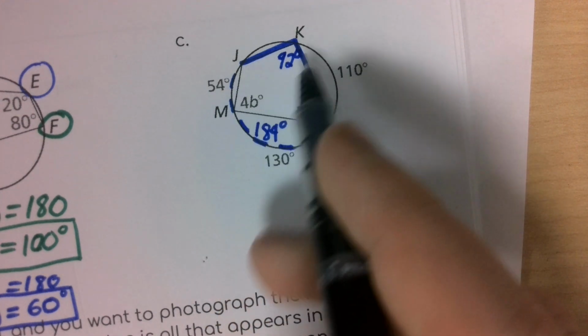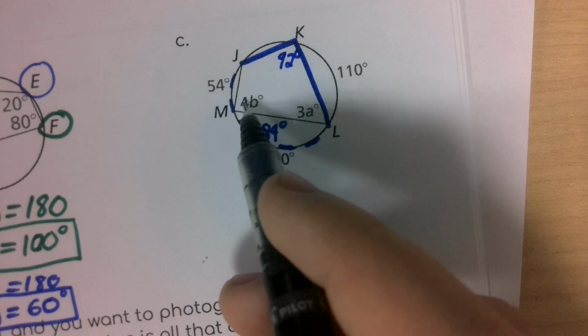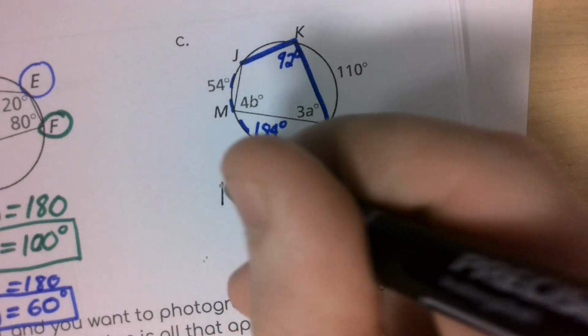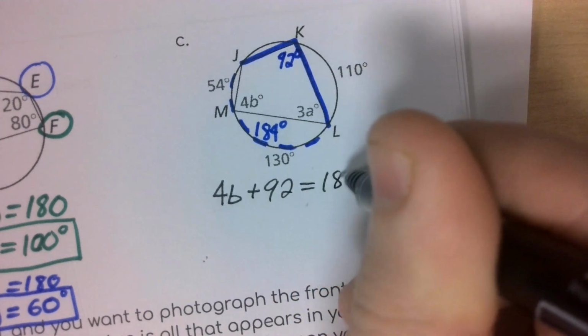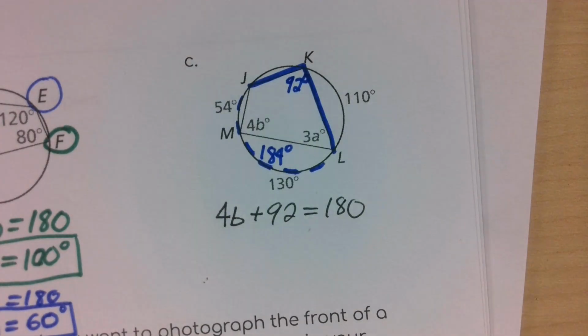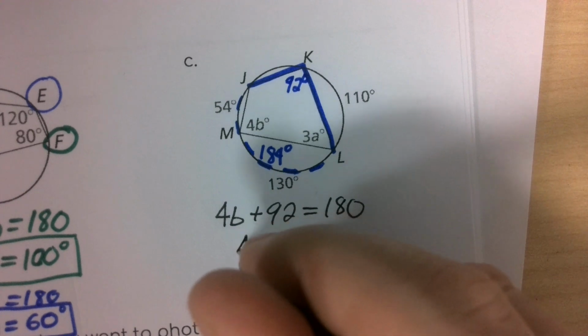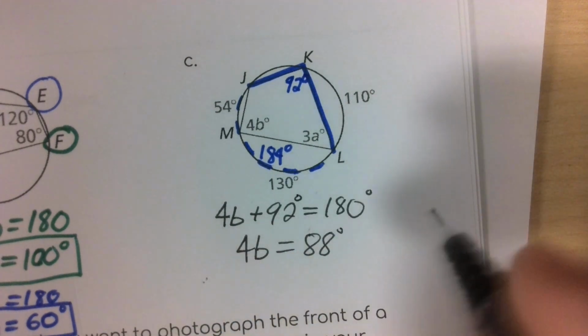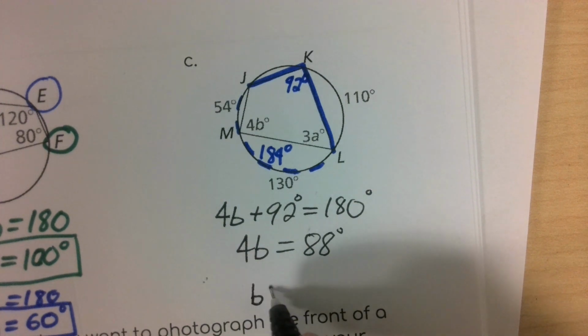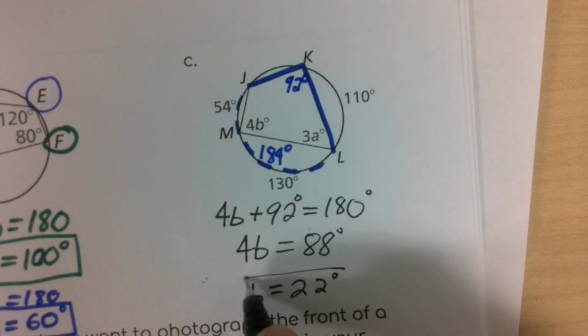Sorry, not congruent, supplementary. Sorry about that. 4B and 92 add up to make 180. So 4B plus 92 makes 180. When we subtract 92 from both sides, we get 4B equals 88. And when we divide by 4, we get that B should be 22 degrees.